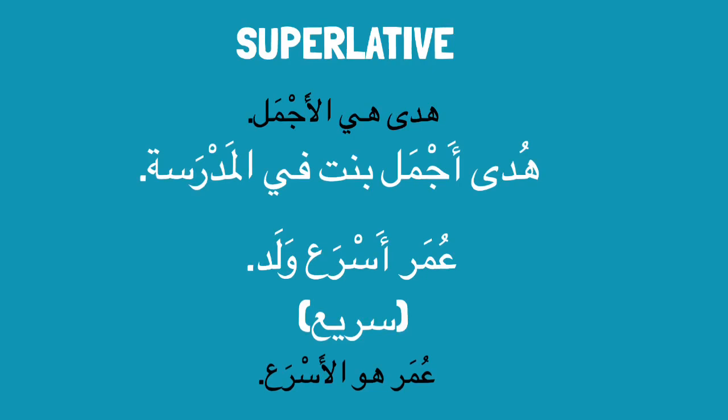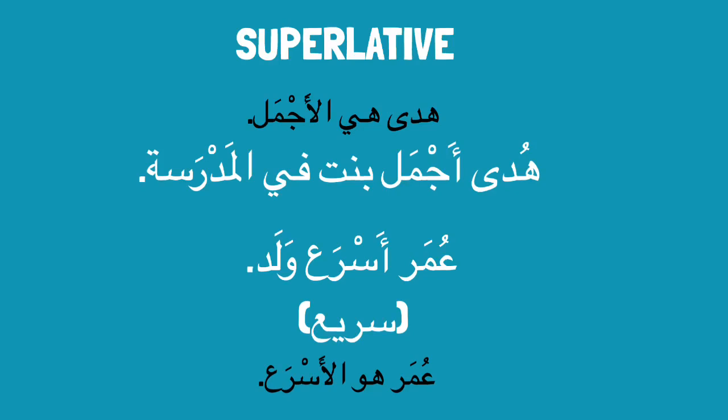So the first sentence, we have هدى هي الأجمل. Notice here I added alif wa lam before أجمل to say it is the most beautiful. She's the most intelligent, and so on. Whatever the adjective is, I'm going to put alif wa lam before it to emphasize that it's superlative.